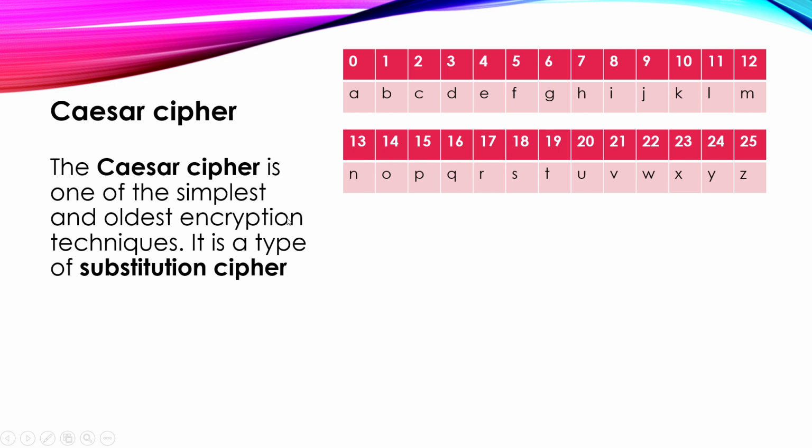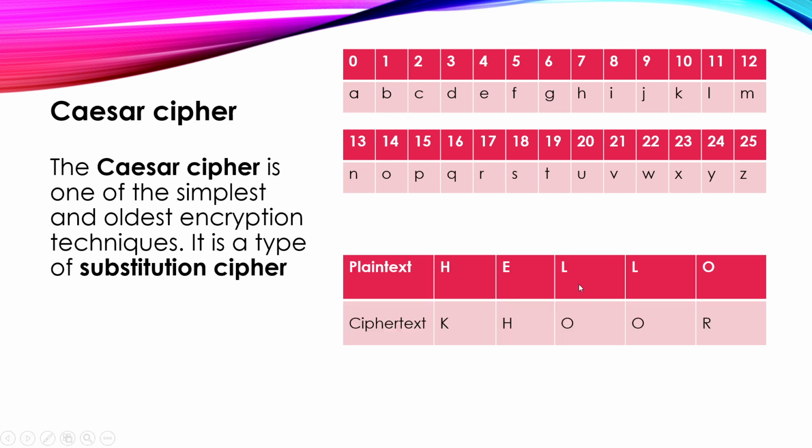Okay, so what is a Caesar cipher? In the example of a Caesar cipher, we have plaintext and ciphertext. First, understand the idea: it is a substitution cipher where each letter is shifted a certain number of places down the alphabet.